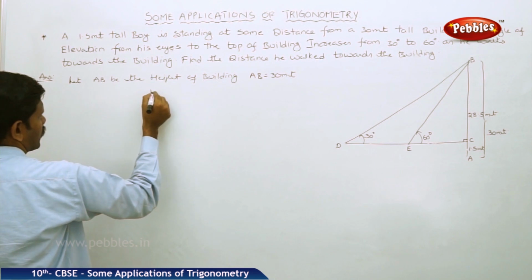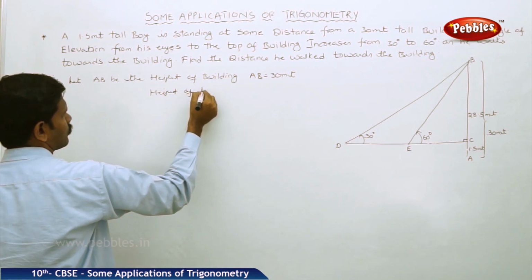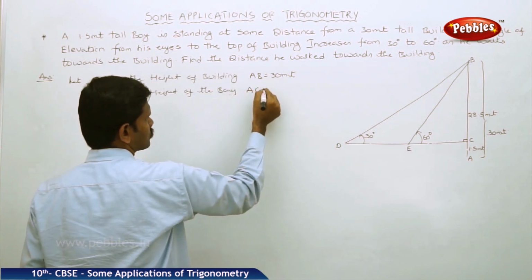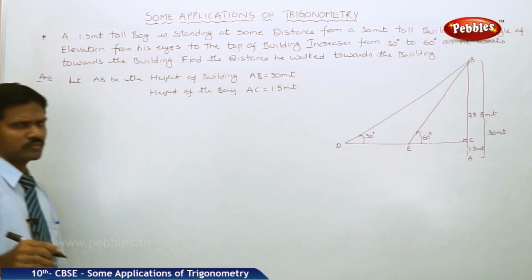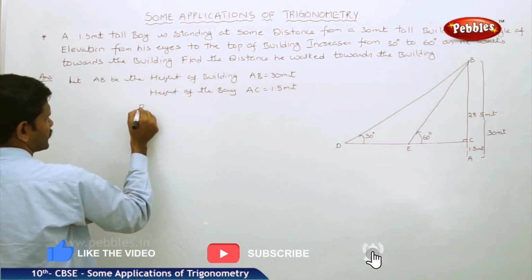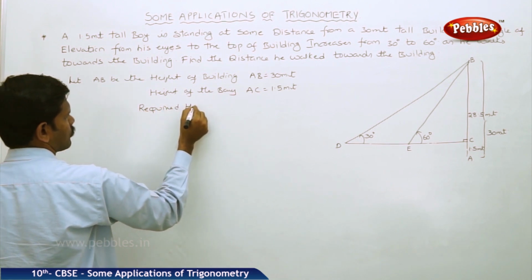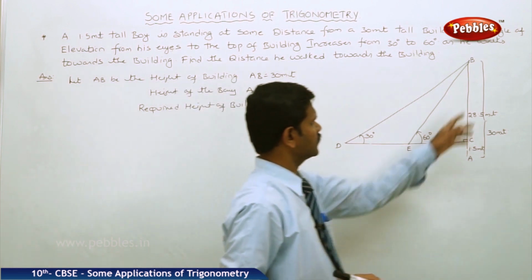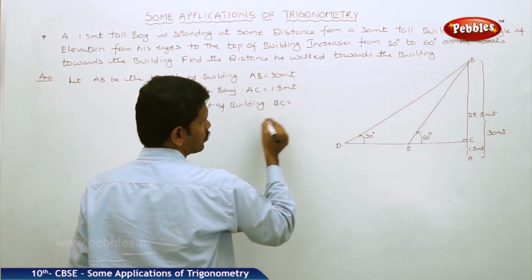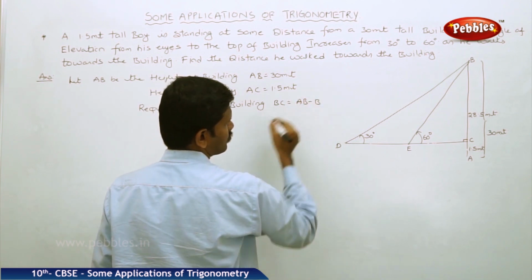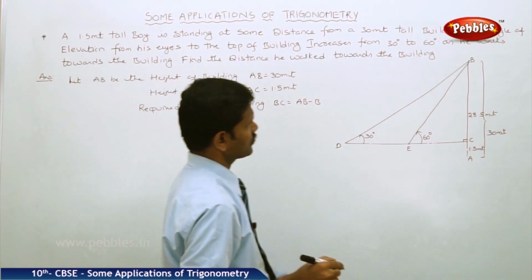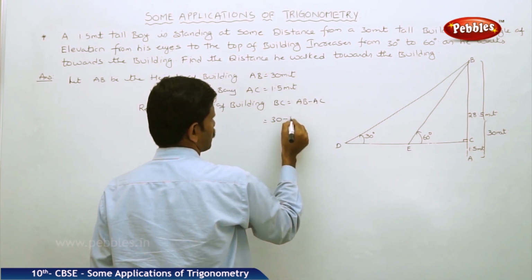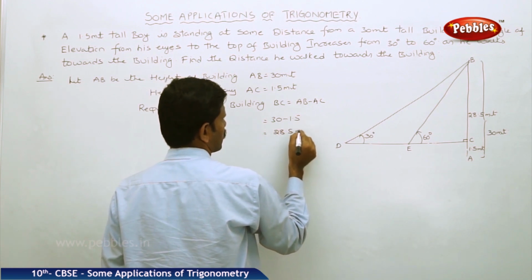From this one, the height of the boy is AC, equal to 1.5 meters. Now the required height of the building BC is equal to AB minus AC, that is 30 minus 1.5, that is equal to 28.5 meters.